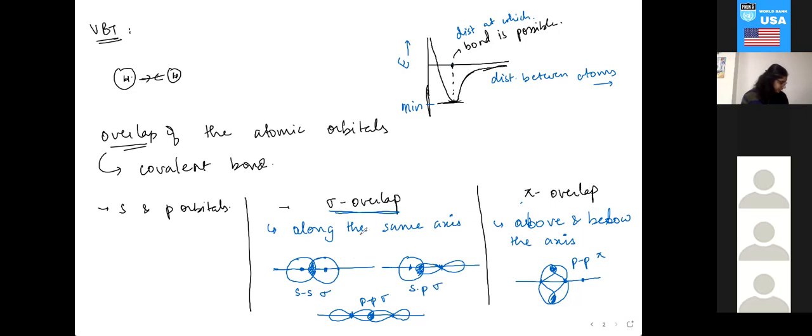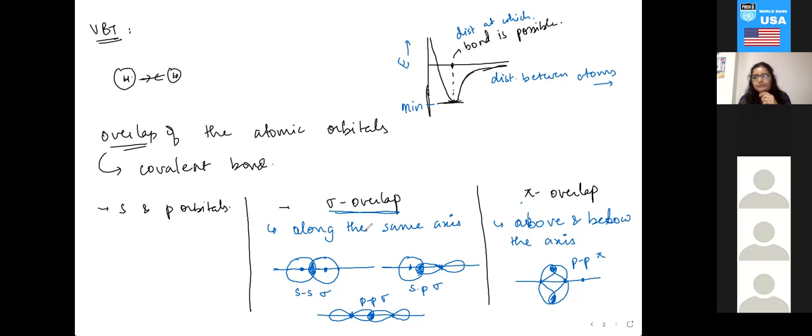I'll give you this. First point of difference is, which type of overlap do you think will be stronger, sigma or pi? Sigma.